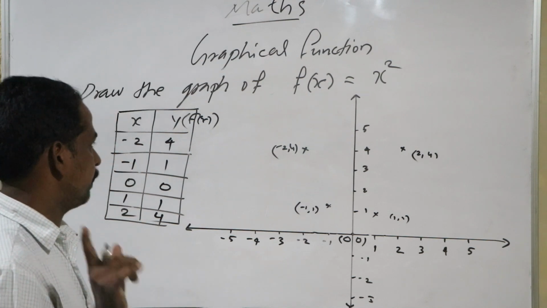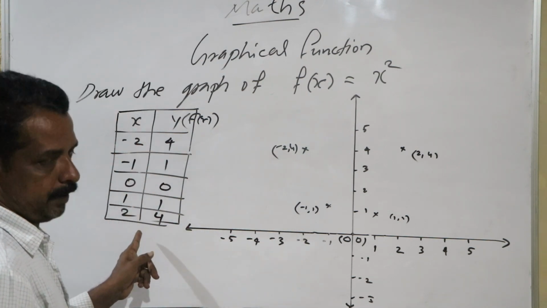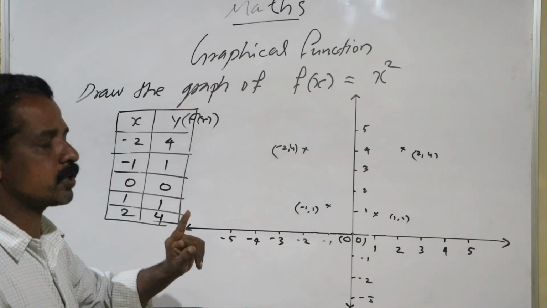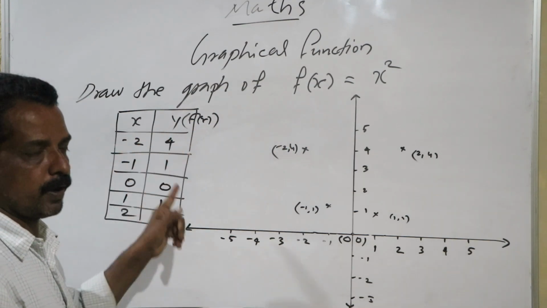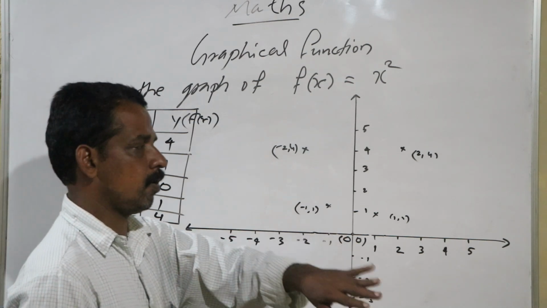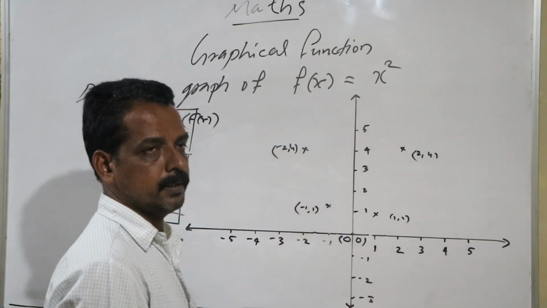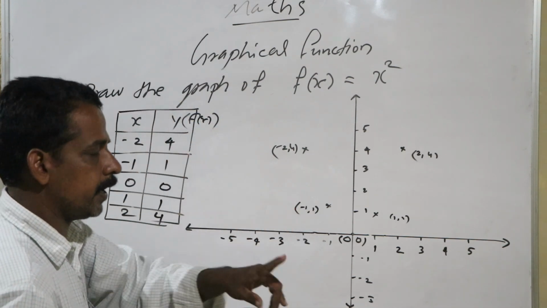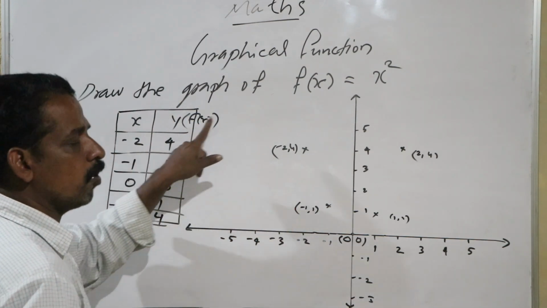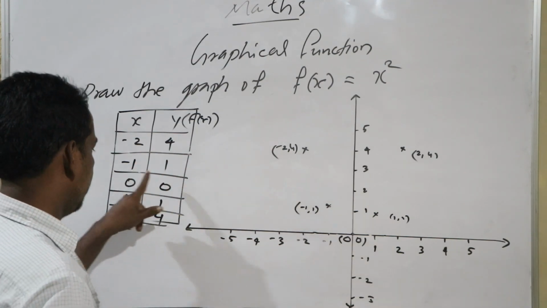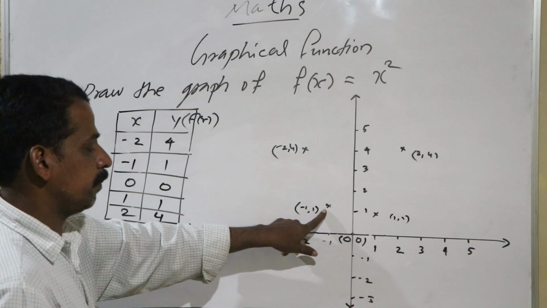At first we must find out the values of the 5 x elements. Then using this equation we find out the ordered pairs of each x element. Then we must draw the x axis and y axis. Then we find out the point where -2 and 4 meet, here. Here -1 and 1 meet.